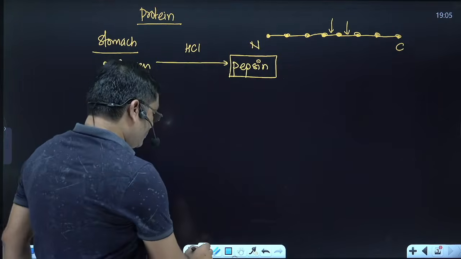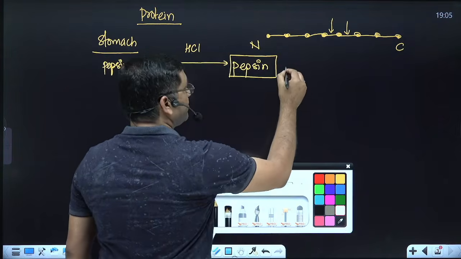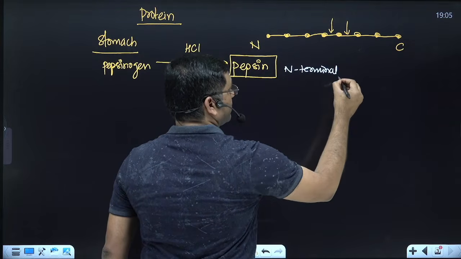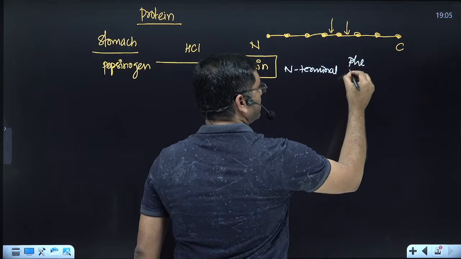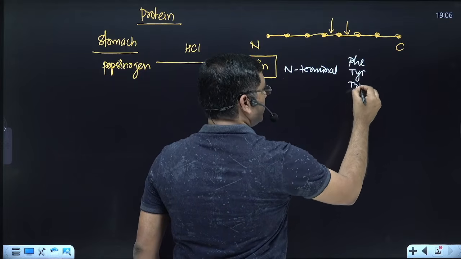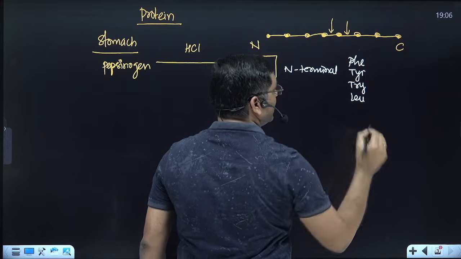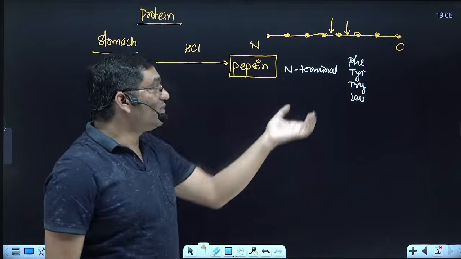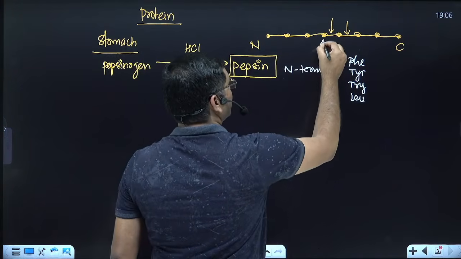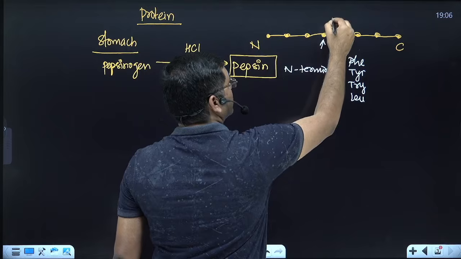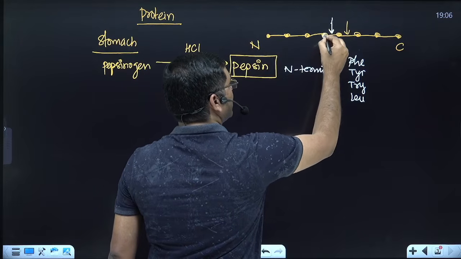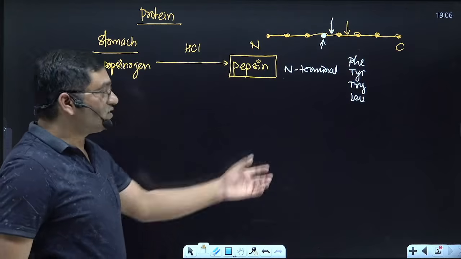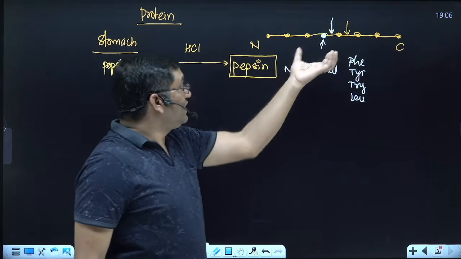Pepsin specifically acts on the peptide bond formed by the N-terminal amino acid, N-terminal phenylalanine, tyrosine, tryptophan, leucine, or some acidic amino acid. On that peptide linkage, pepsin will act.